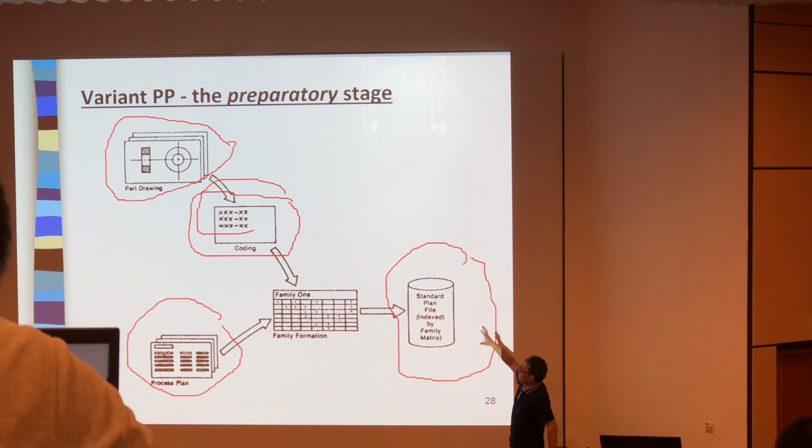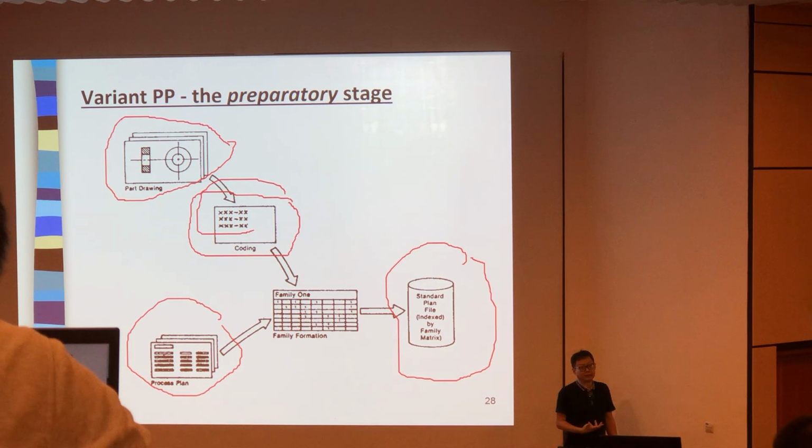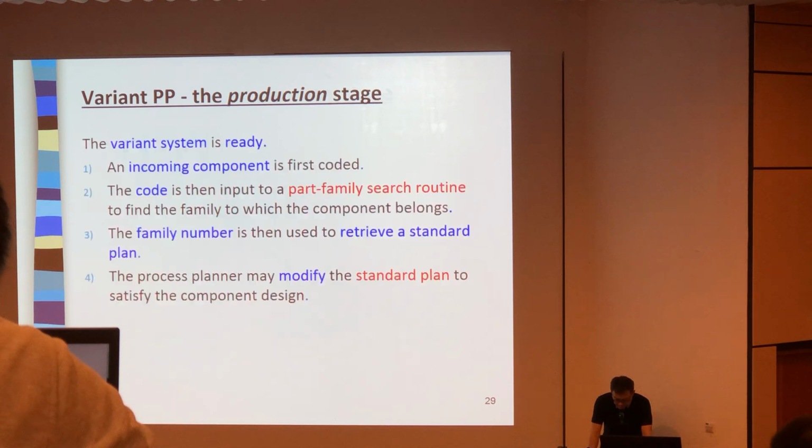In that way, the system can be expandable as well, can be updated and upgraded all the time. So the capability probably becomes more and more powerful. So that is the whole idea.